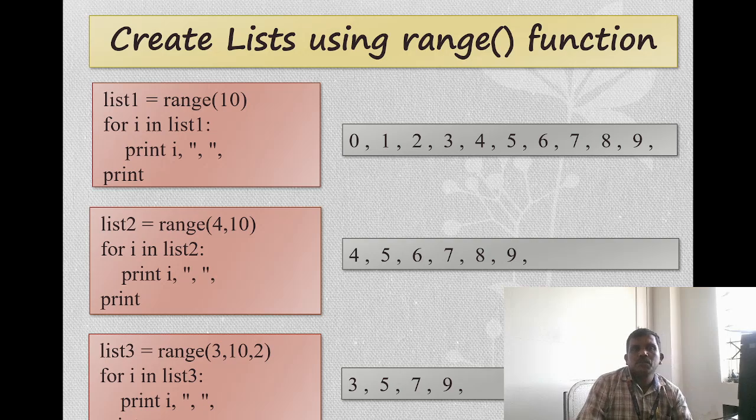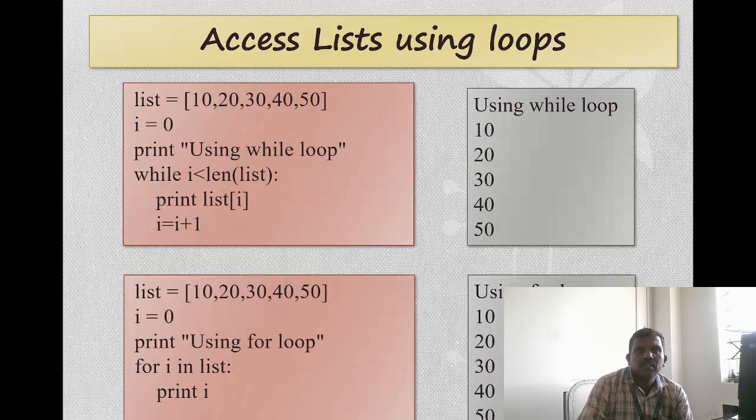So values from 0 up to 10 will be printed. Then list2 equal to range 4 comma 10, so for i in list2, it starts from the fourth value. Next, list3 equal to range of 3 comma 10 comma 2. The starting value is 3 and it is incremented by 2, so 3, 5, 7, 9 will be printed. That is the use of the range function.